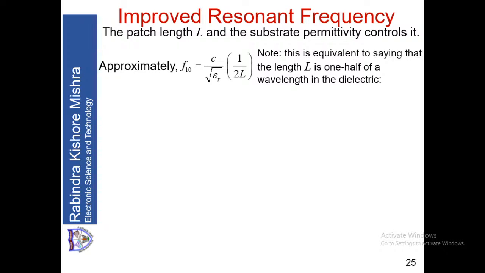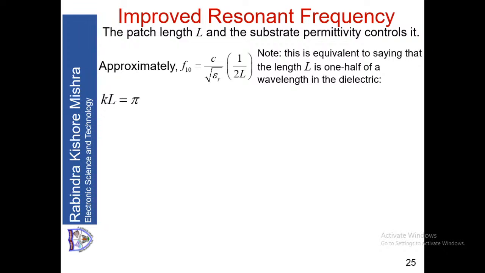In the last class, I told you that in the dominant mode, L is related to the resonant frequency through a relationship which is kL equal to pi.